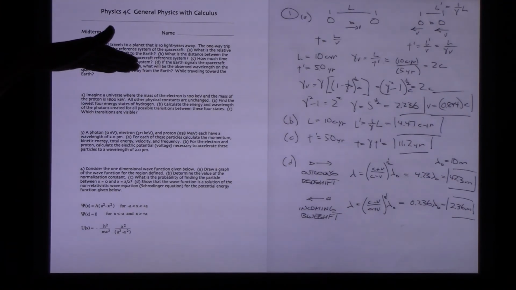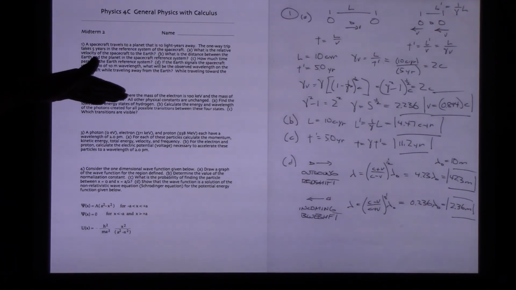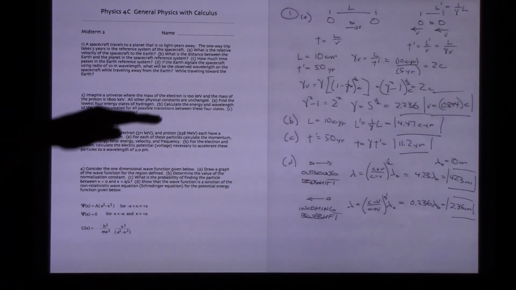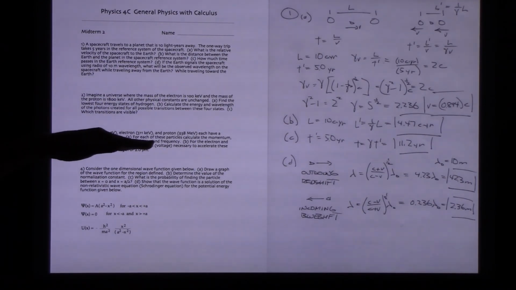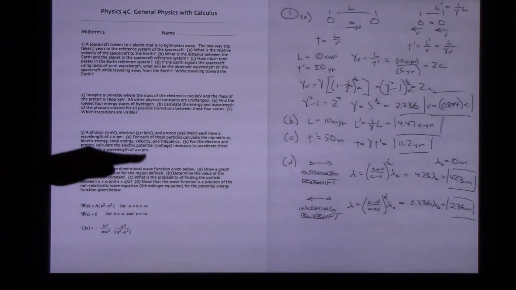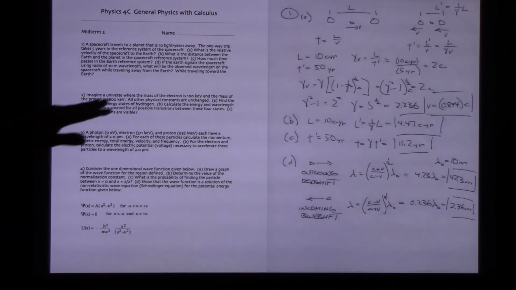A fair number of topics were covered in chapter 36 in relativity. Again, a number of disparate topics covered in chapter 37. And then this is kind of a combination of 36 and 37, and even 38, I guess.